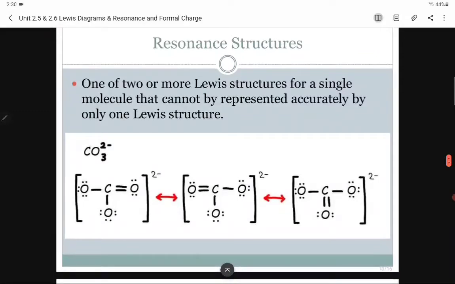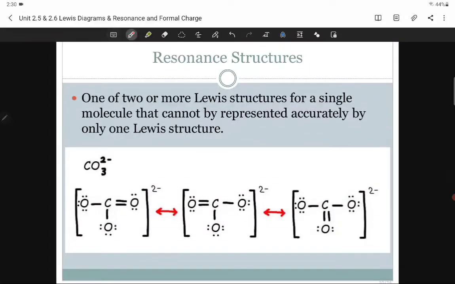Okay, so someone maybe was told to draw the Lewis dot structure of carbonate, and a couple of people drew it this way, but then a couple of their buddies did it that way, and then a couple of their other friends did it this way, and then they start arguing which one's right, and they all do the formal charge, and they all get the identical same formal charges.